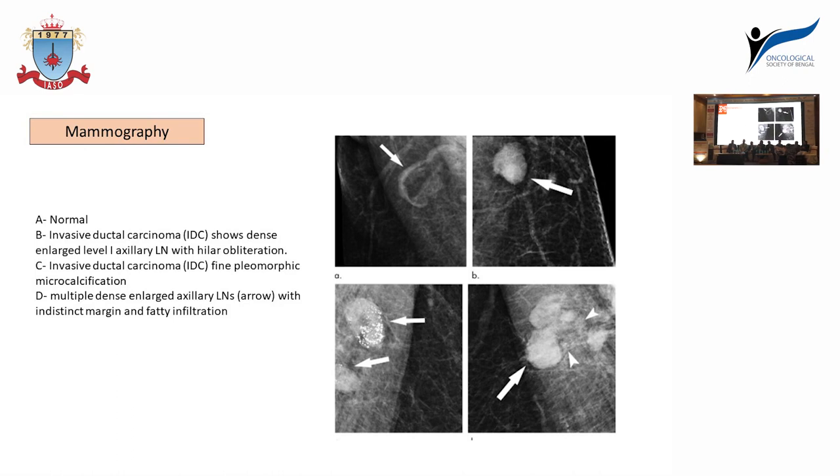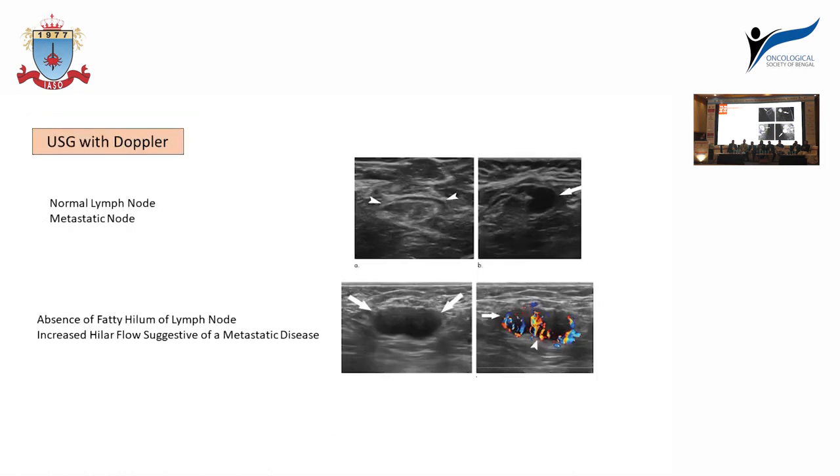We look for pleomorphic calcifications, indistinct margins, or fatty infiltration in the nodes. But in practice, patients generally come with the investigation done. When these are not mentioned, we use a plain simple USG to evaluate. So on mammography we have multiple findings like pleomorphic microcalcifications, indistinct margins, fatty infiltration, and hilar obliteration.